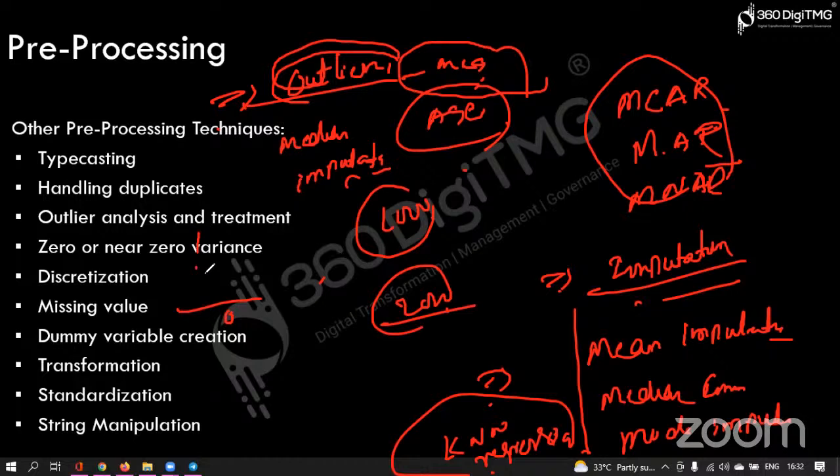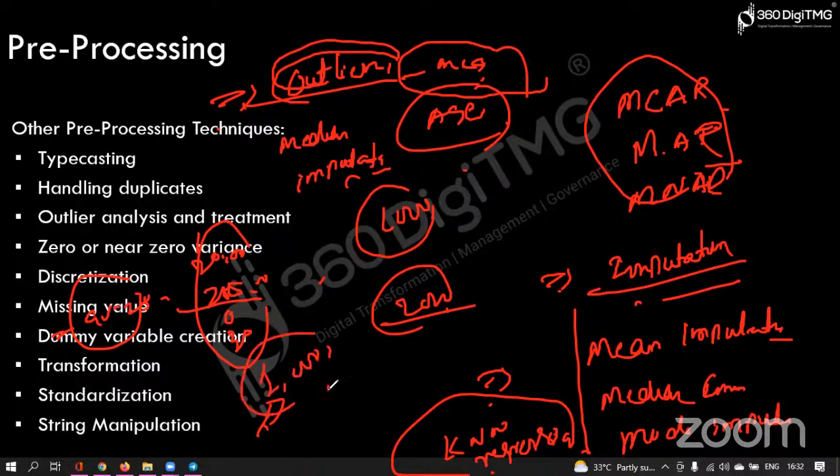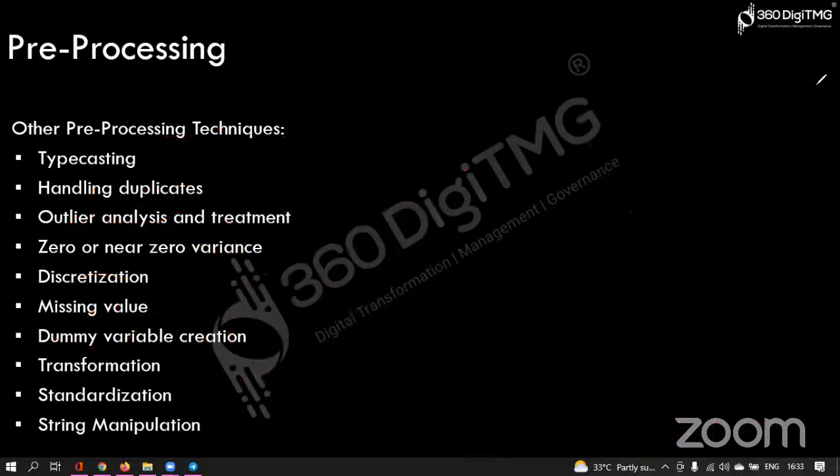Let's say you have sales of 20,000, 25,000, 30,000. Normally your average is about 25,000. Suddenly there is an outlier of about 1 lakh sales. If you include this in calculating the average of the sales, it will definitely affect your data. To avoid that, we can simply go with median imputation. Median won't be affected by outliers.